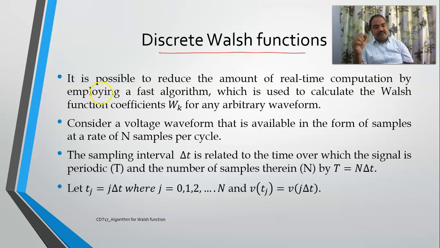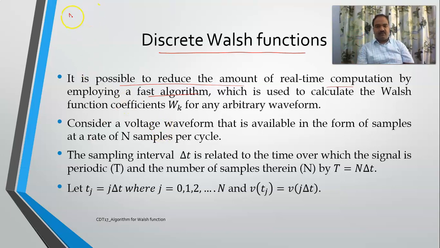So all the continuous-time signals will be sampled and sent to you in discrete form. It is possible to reduce the amount of real-time computation by employing a fast algorithm. This is generally used to calculate the Walsh coefficients. A rough estimate of the Walsh coefficients will be available to you.